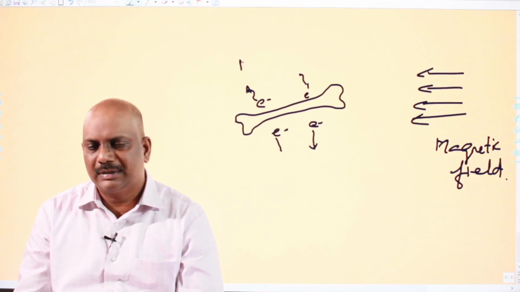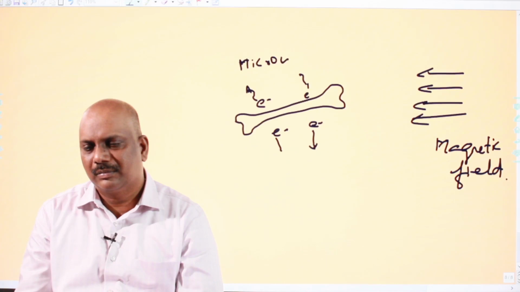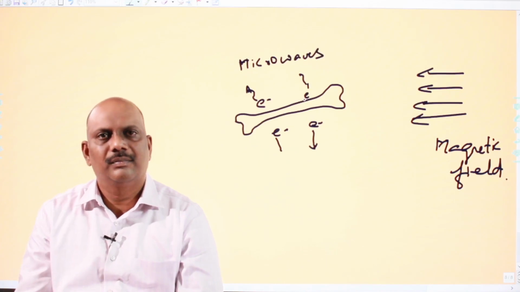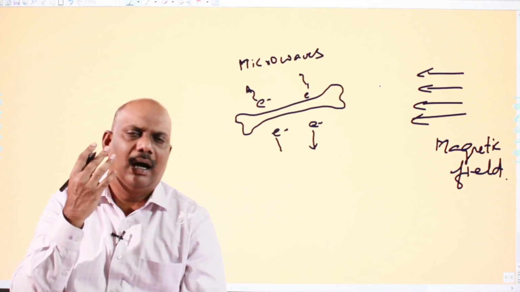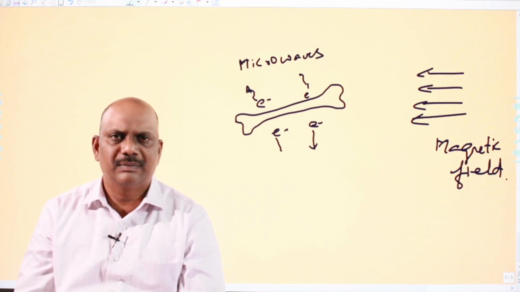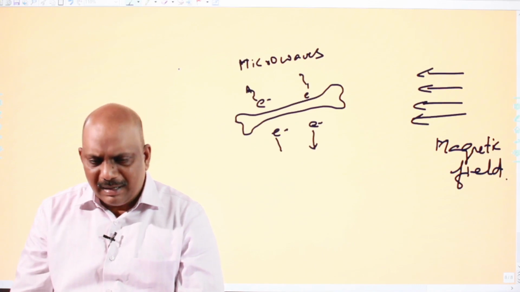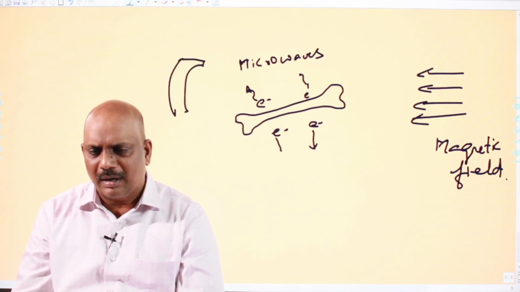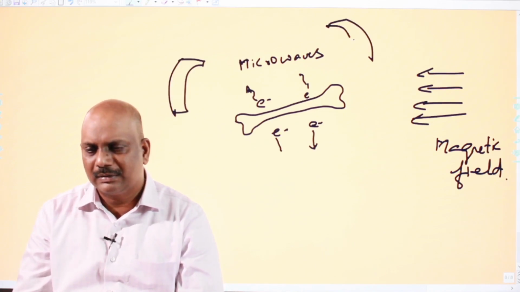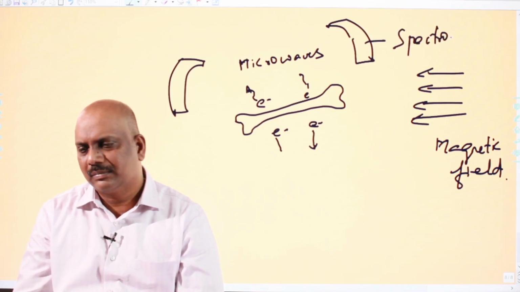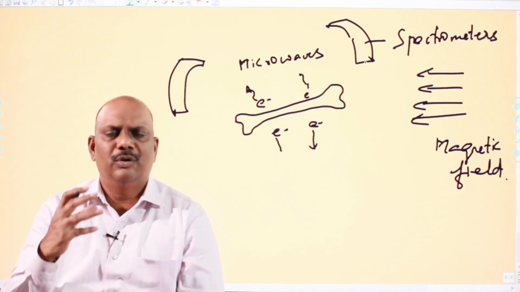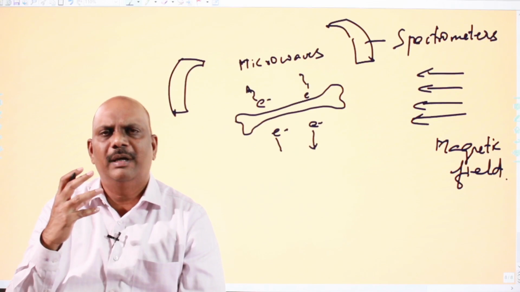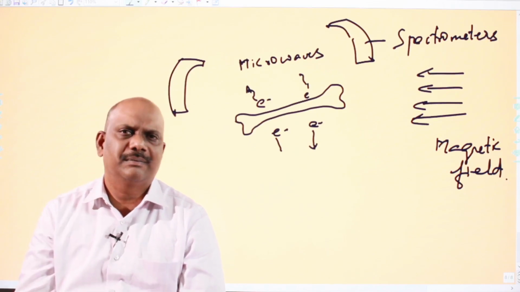This magnetic field interacts with these free electrons and they are capable of producing some microwaves. Then we'll have a good number of spectrometers which will be used to estimate the amount of microwaves produced here.